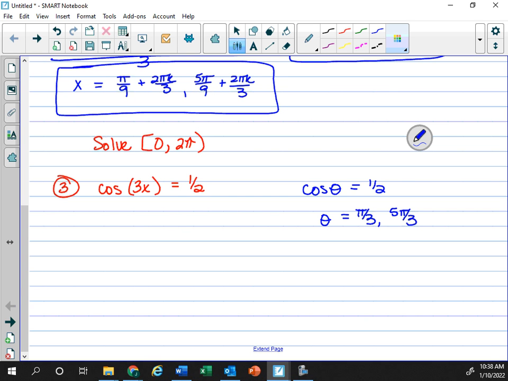Okay, I'm going to go over here. Again, the exact same thing. 3x equals pi over 3. I'm still using the plus 2 pi k. It won't end up in my answer, but we have to use it along the way. So plus 2 pi k, 5 pi over 3 plus 2 pi k. So same process so far. Divide everything by 3.